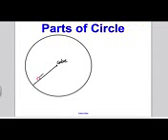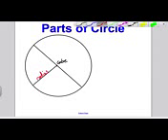And you can think of it like sun rays coming out from the centre of the sun. Now, a line that goes through the centre from one edge of the circle to the other, but it must go through the centre, is called a diameter. So this one here is called a diameter.